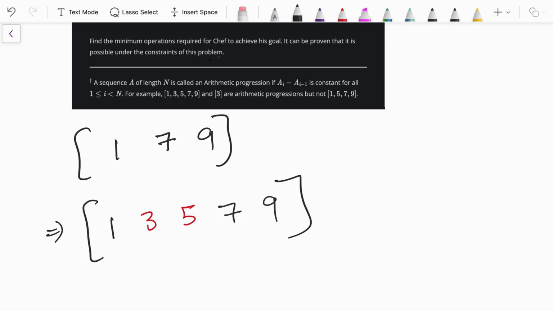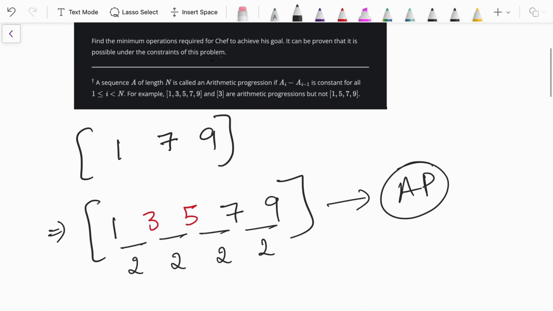If you can see, every pair of adjacent elements has a common difference of 2, which makes this final answer array an arithmetic progression. That is what we wanted, and we need to return the minimum number of operations required to make an array an arithmetic progression. In this case, we inserted 2 elements, so this will be our answer.